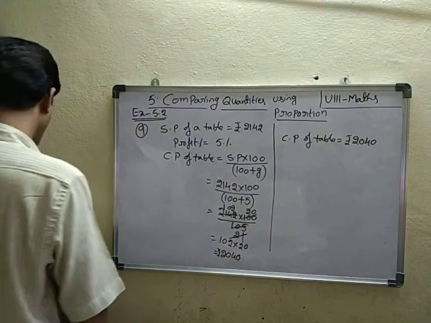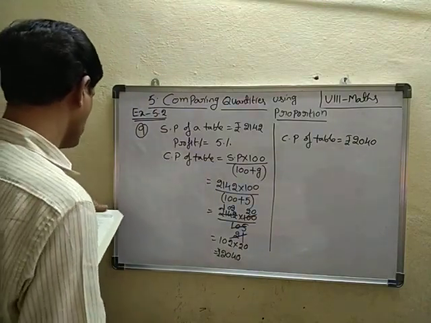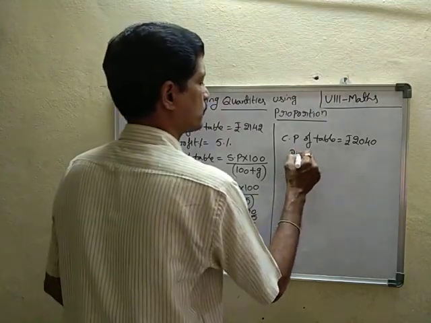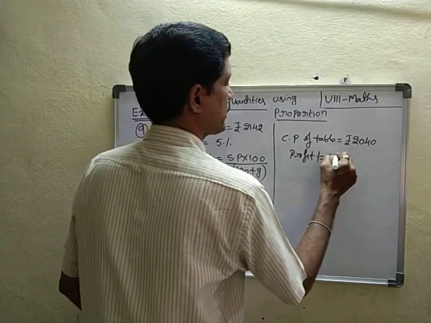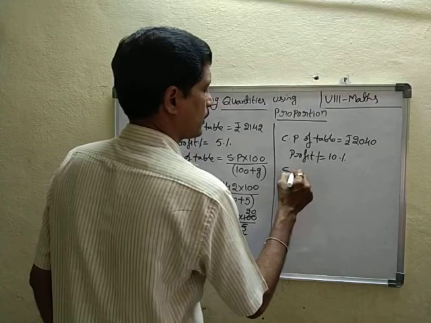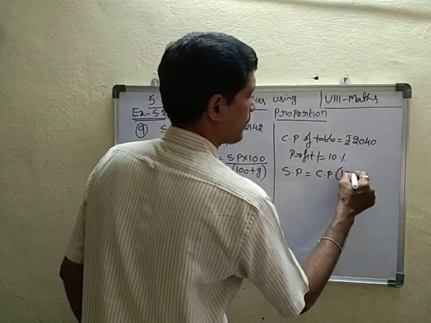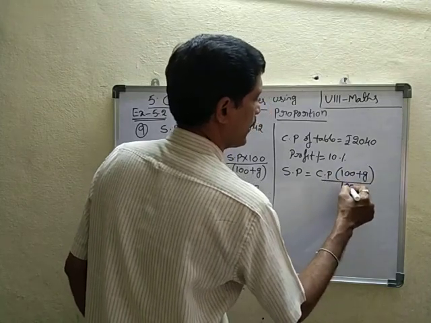Next, what is given here? At what price should it be sold to gain 10%? Therefore, profit percentage is 10%, as given. Here we are asking for the selling price. Therefore, selling price equals cost price into 100 plus gain, or 100 plus profit, by 100.